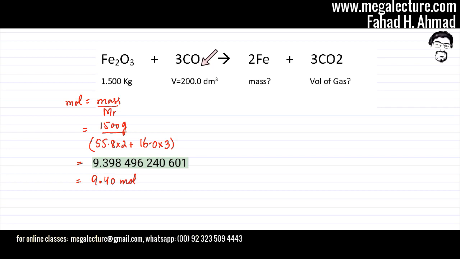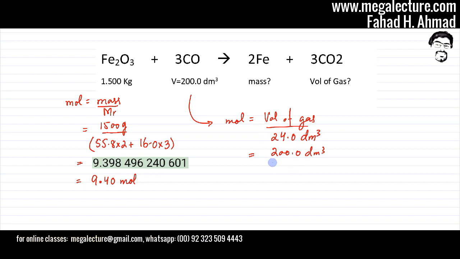Then you can find the moles of carbon monoxide. Remember, it's a gas, so for gases, moles can be found using volume of gas divided by the molar volume, which is accurate up to 3 significant figures: 24.0 dm³. So you divide 200 dm³ by 24.0 dm³.